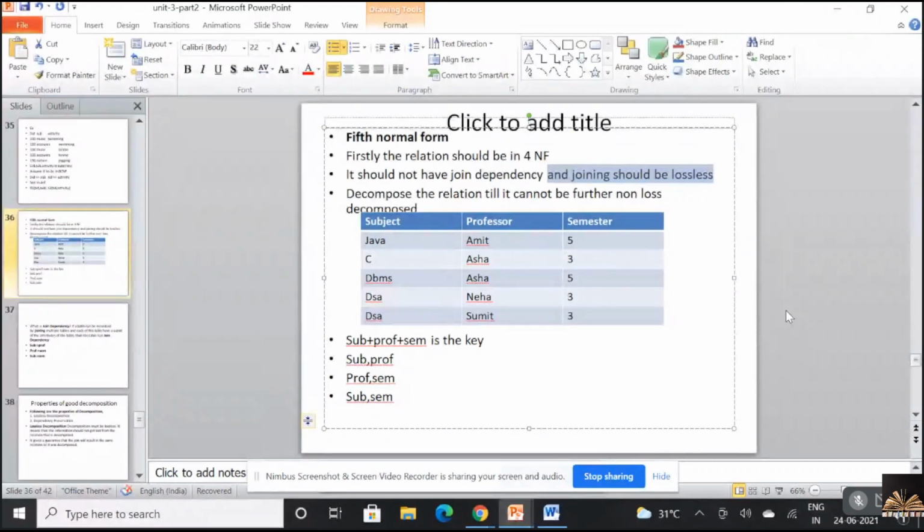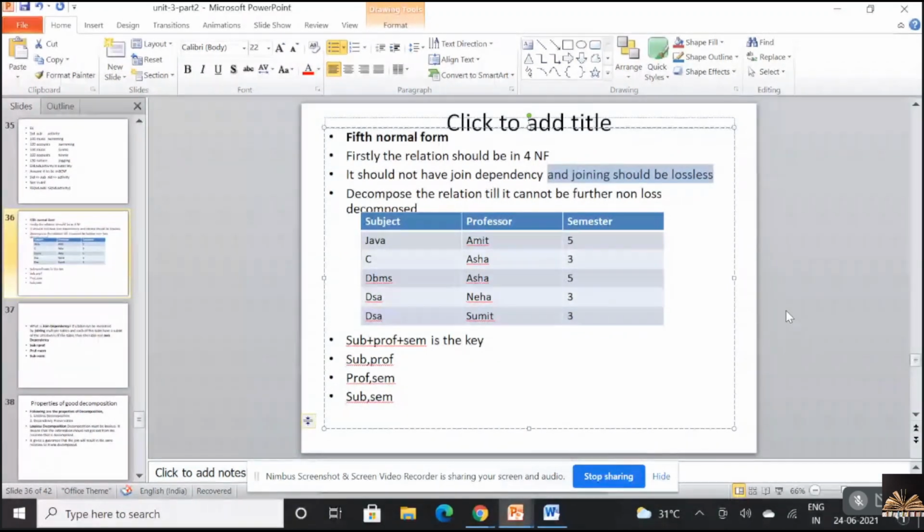What we usually do in 5NF is decompose the given relation till it cannot be further lossless decomposed. So we break the relation that is in 4NF into still smaller pieces until it cannot be further decomposed. That is the meaning of 5NF.